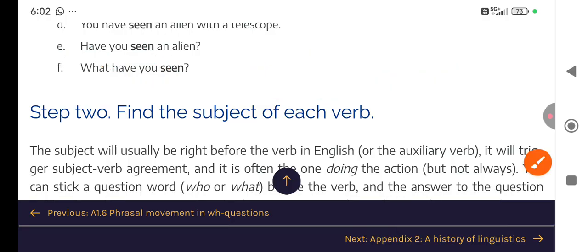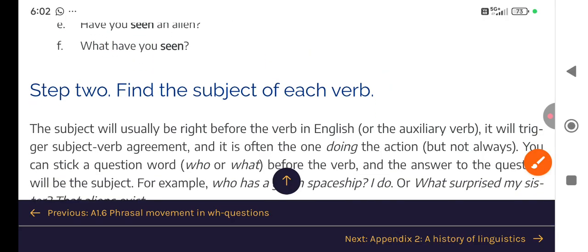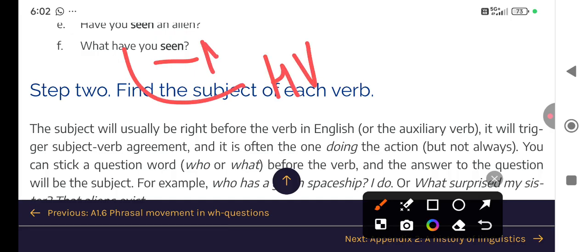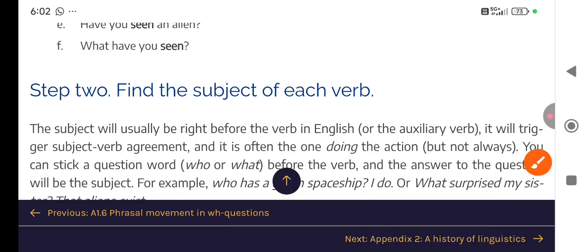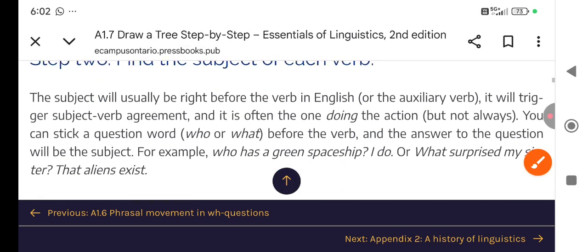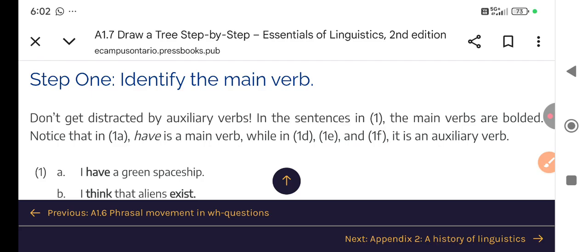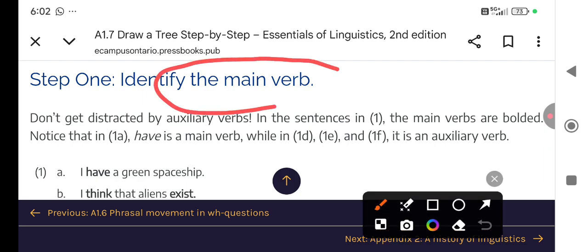Now next is, what have you seen? So here also seen is the main verb and have is the helping verb. This is the main verb. Very good. Now, first thing whenever we make a tree diagram, first of all we have to identify the main verb in the sentence.